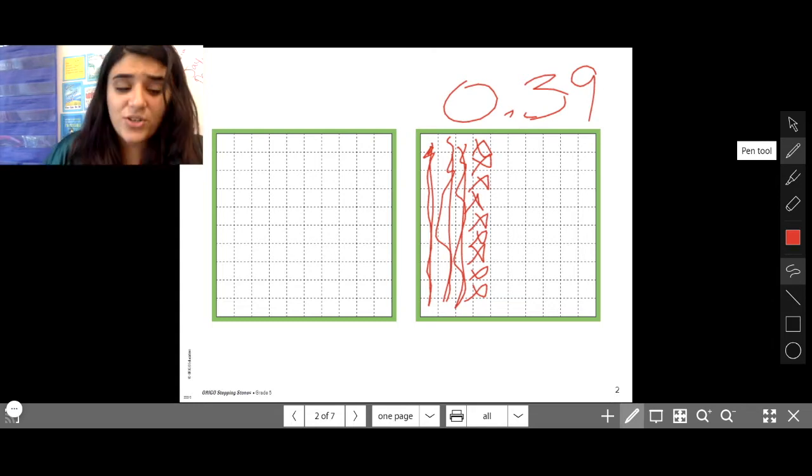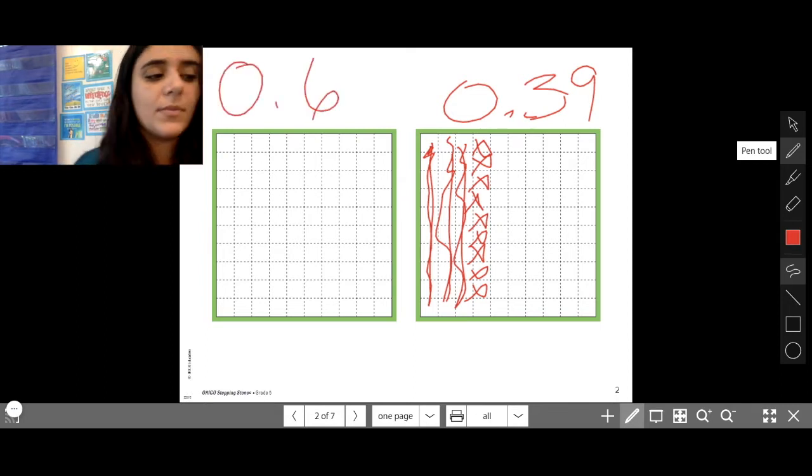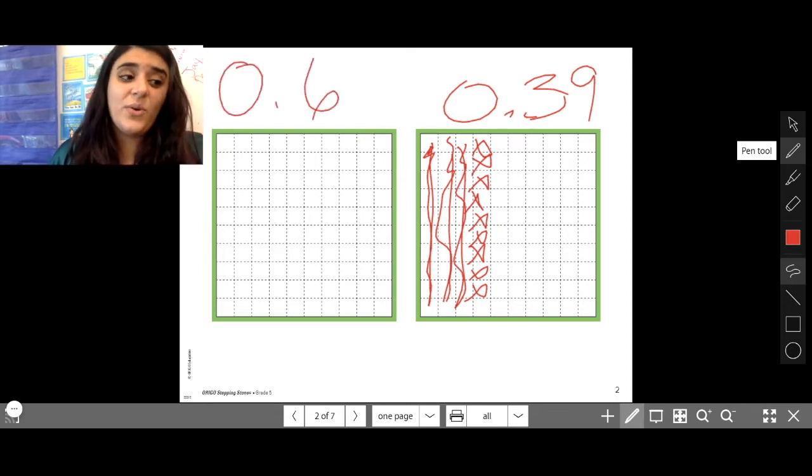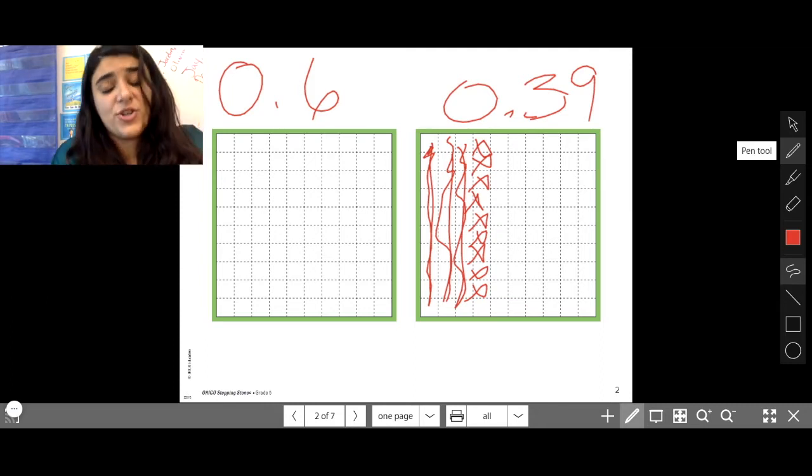But on Oscar's card, he had 6 tenths. So even though his number only has 1 digit after the decimal and Cherie's number has 2, who has the bigger number? Well, let's go ahead and color in Oscar's to see if our graph here can help us out. I guess it is kind of like a graph, but I should call it a model.